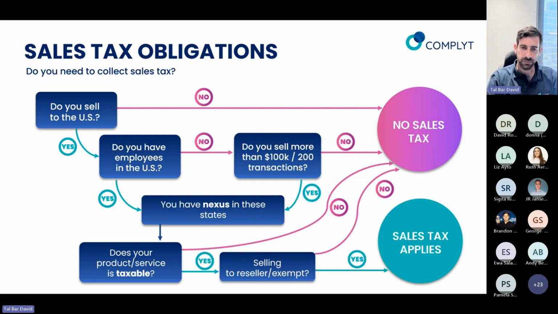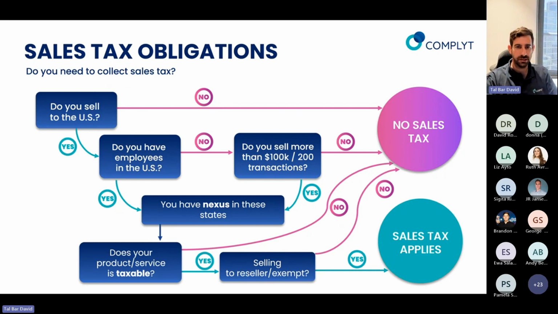And why it's very important, because if you will be audited by the state and they will ask you why you didn't collect sales tax from this customer, you'll tell them, listen, it's a reseller or they are exempt. The auditors don't really care what you're saying. They want to see the evidence that you got and that you documented it as evidence.